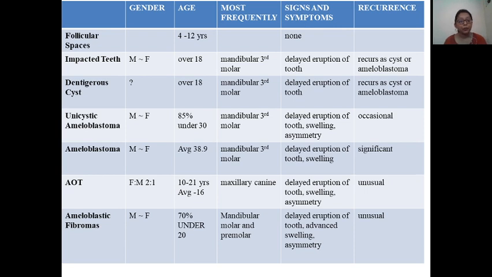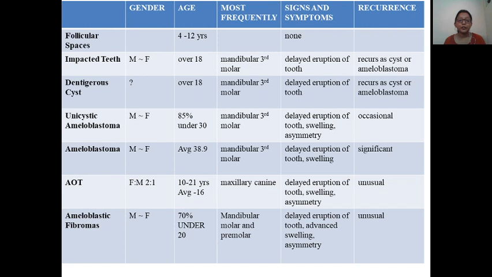In cases of ameloblastoma, there is no male or female predilection. Average age is almost 38, the third and fourth decade. The most frequent site is the mandibular third molar, signs are delayed eruption of the tooth and swelling, and recurrence can be significant.